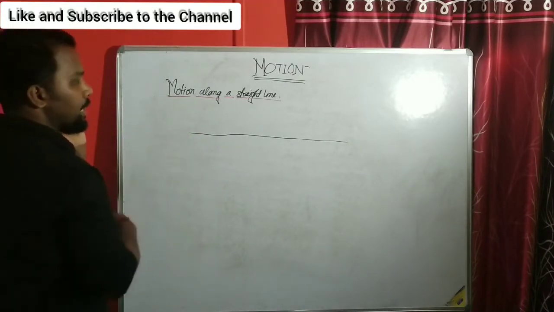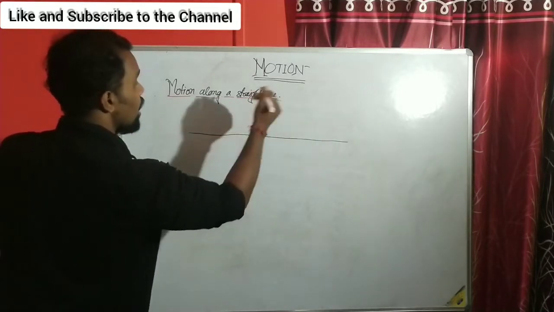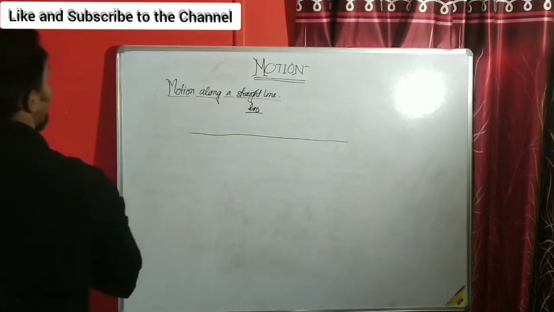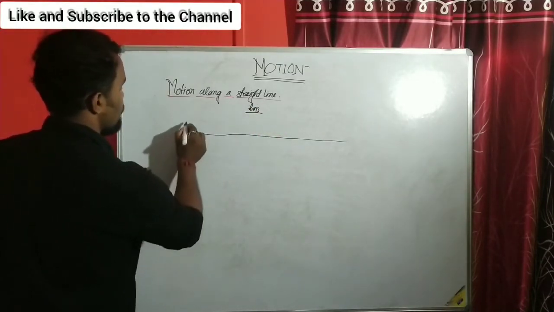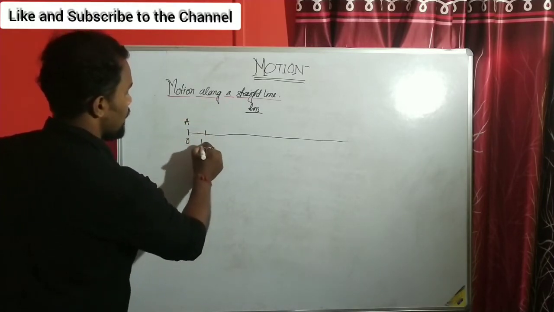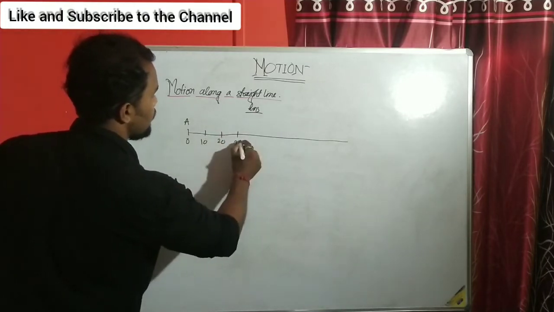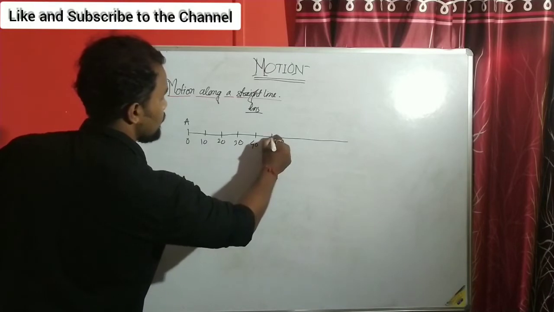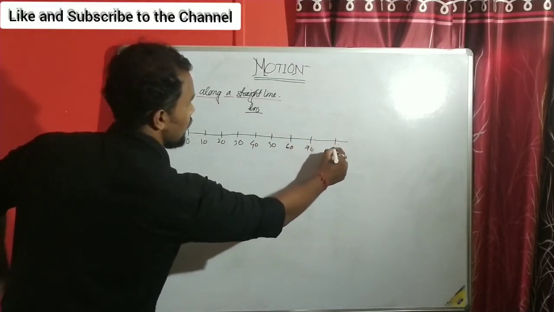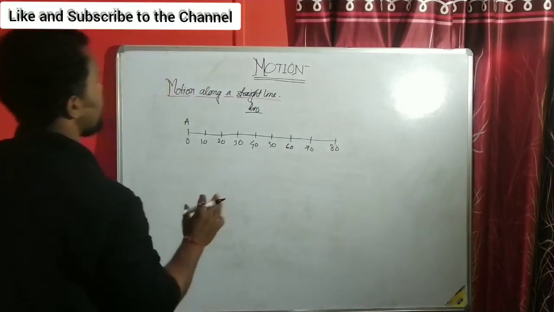Now I will give some readings in kilometers. This is my starting position, which I will name A, with reading 0. Then I will give readings of 10 kilometers, 20, 30, 40, 50, 60, 70, and 80 kilometers.